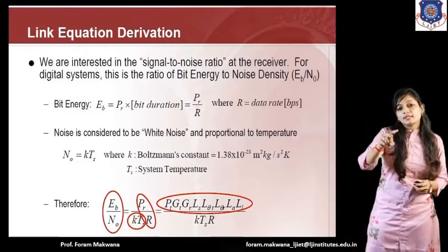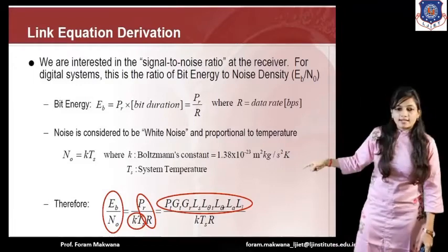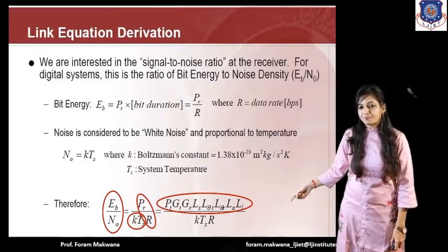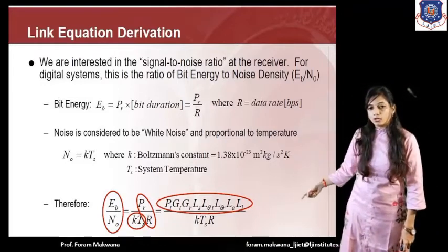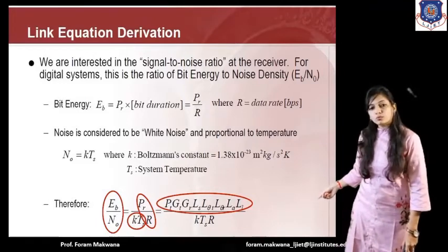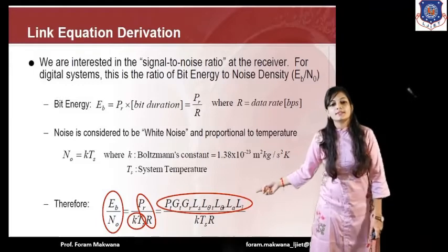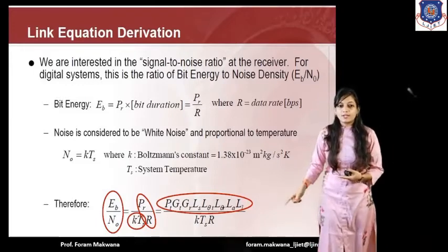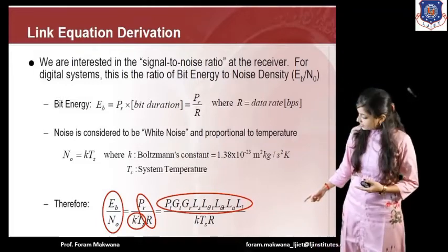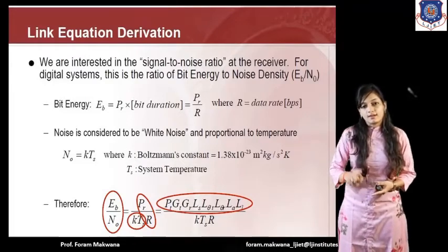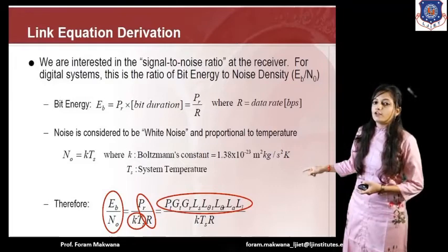Now we are going to place these two quantities, EB and N0, in the final equation. It is EB upon N0 is equal to PR upon K Ts into R. PR upon R, what does it represent? It represents bit energy. And what is K Ts? K Ts represents N0, that is the noise, right? And we have already calculated the value of PR.